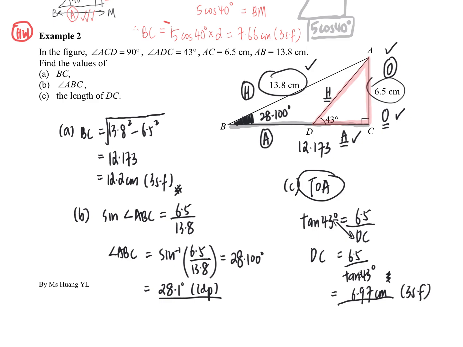Okay, so chapter 8 is 3D as well as bearings. Okay, bearings, going for the direction. Okay, let's go to the next example. Or the soft copy is in the Google Classroom also.